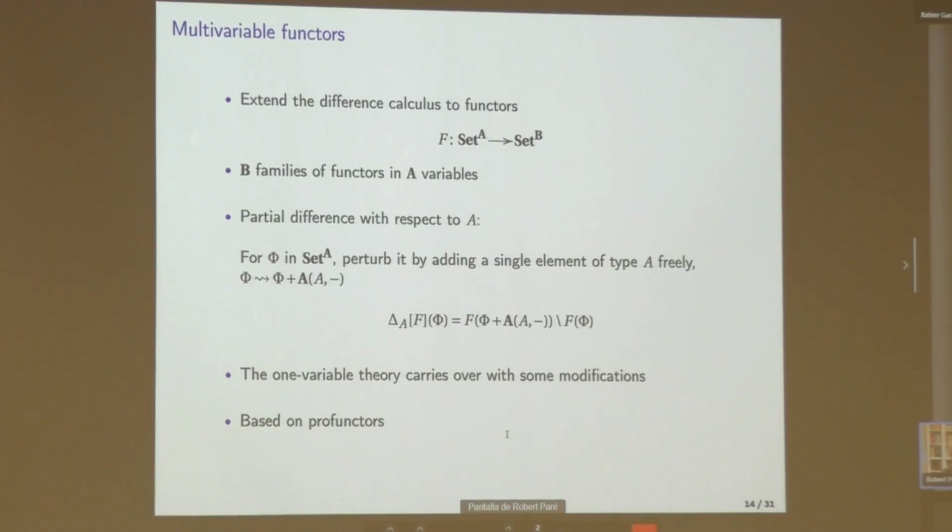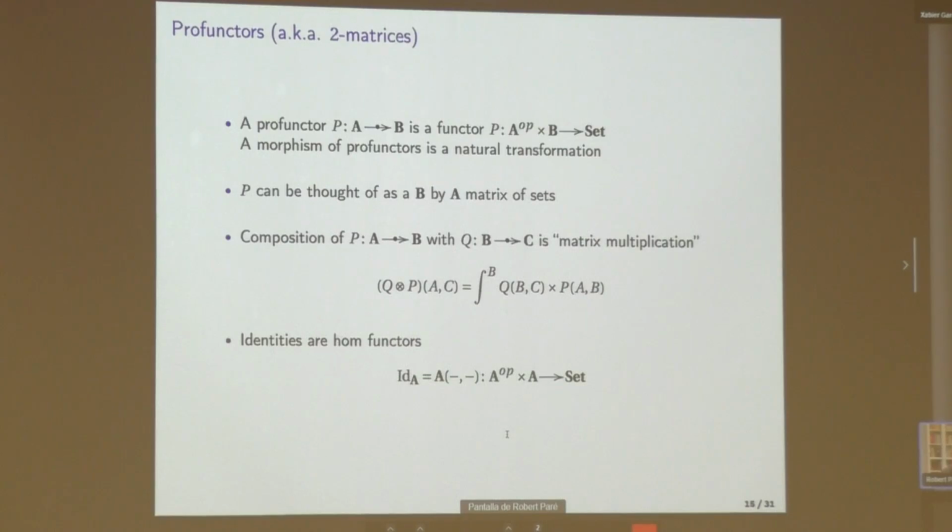The modifications involve profunctors. For me, a profunctor from A to B is a functor from A opposite cross B to sets.